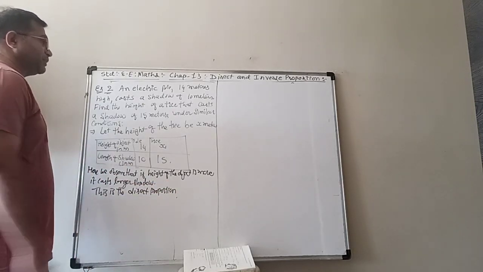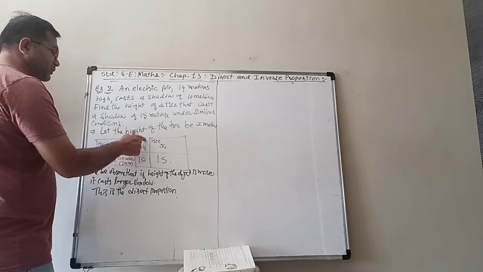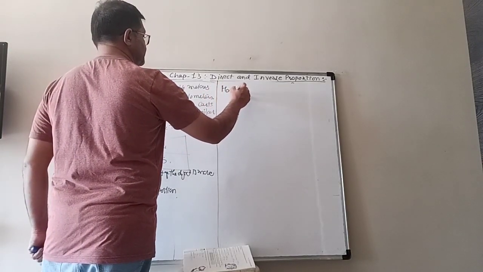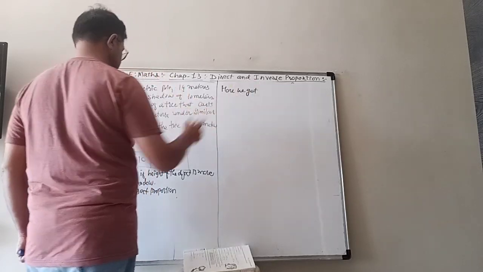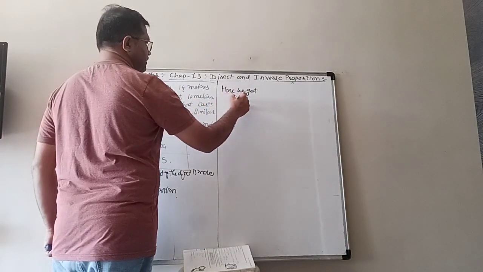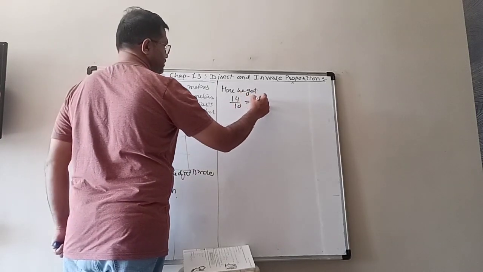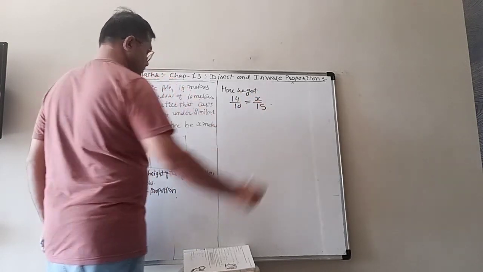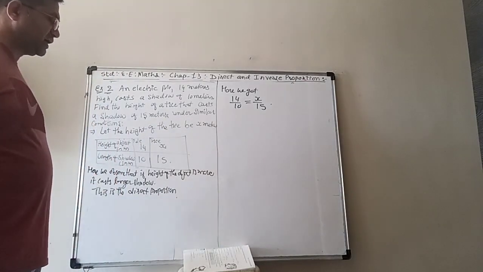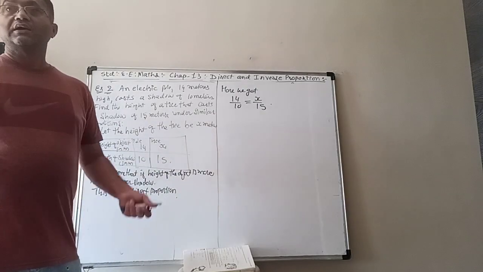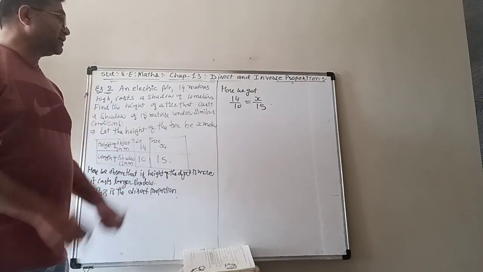So in case of direct proportion, what will we take? x upon y, x upon y. Here we get 14 upon 10 is equal to x upon 15, because they have the relation of direct proportion.